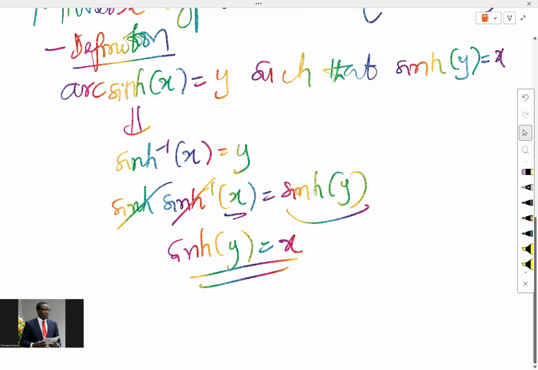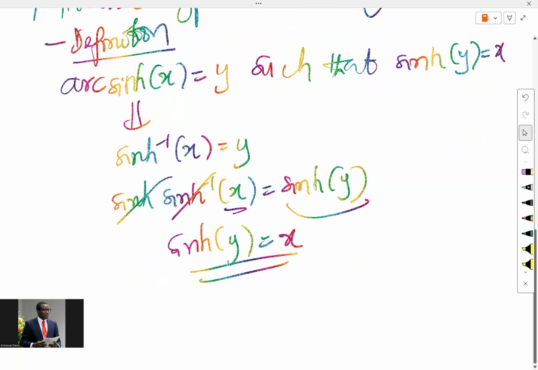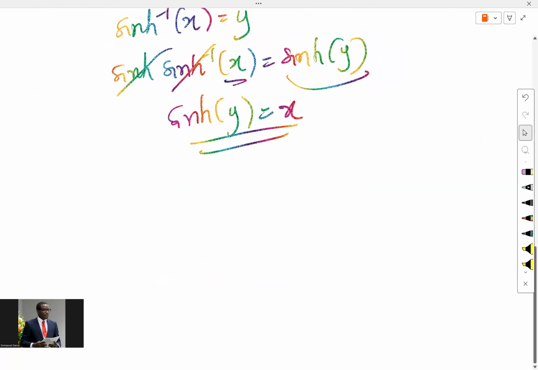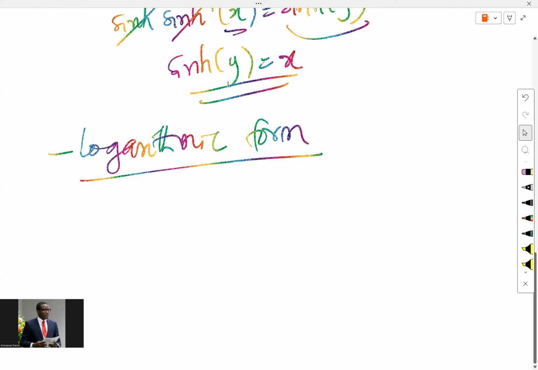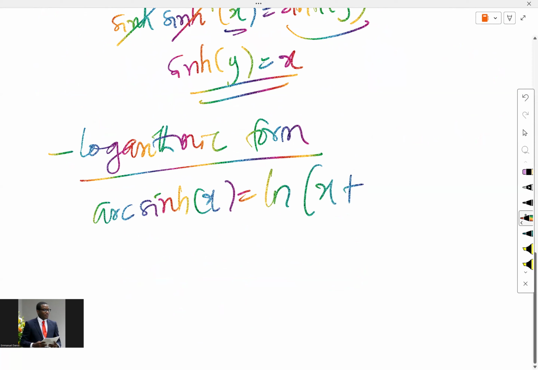Okay, so that's that. Then it has a logarithmic form. The logarithmic form is this: arcsinh x is equal to ln of x plus square root of x squared plus 1.